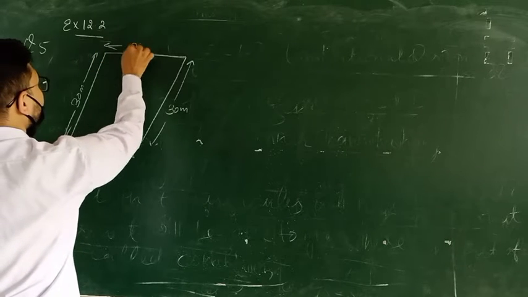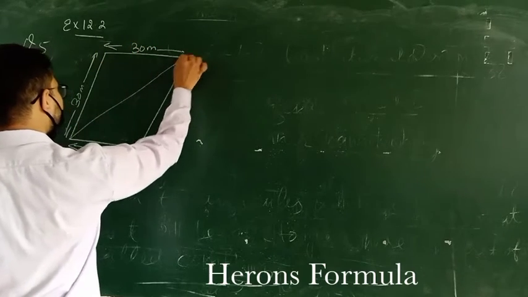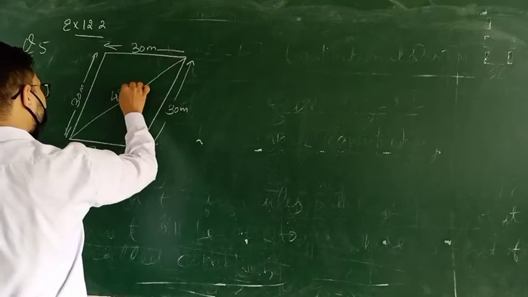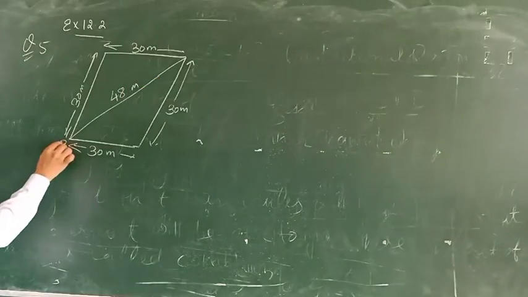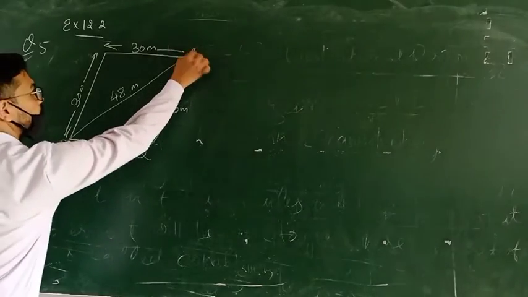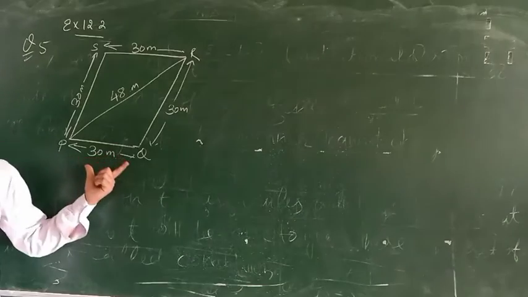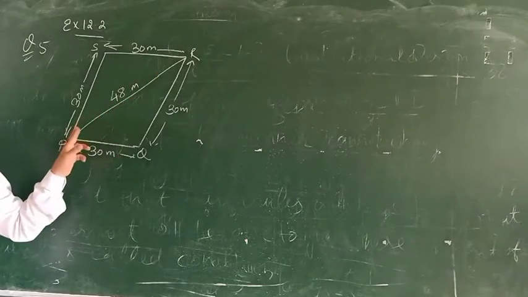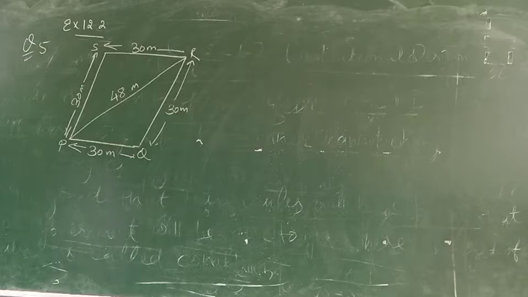And the longest diagonal, this diagonal I am talking about, has length 48 meters. Let's say this is P, Q, R and S. So PQRS is a rhombus which is given in the question. The sides are 30 meters and the length of the longest diagonal is 48 meters.